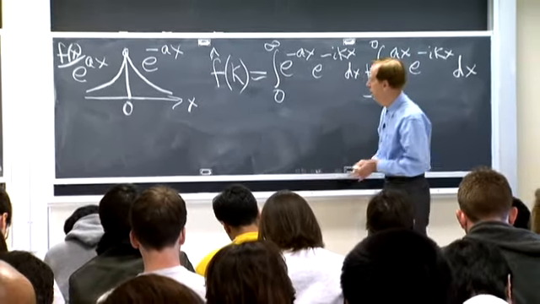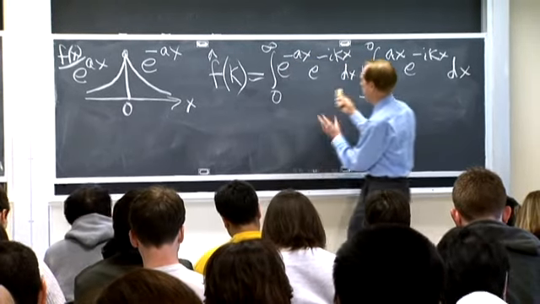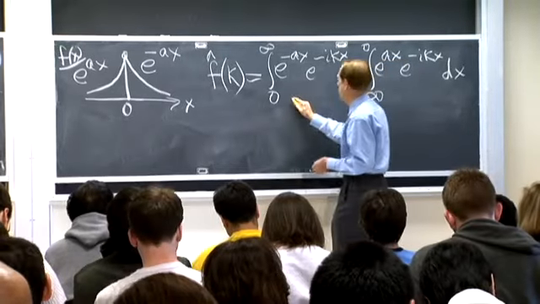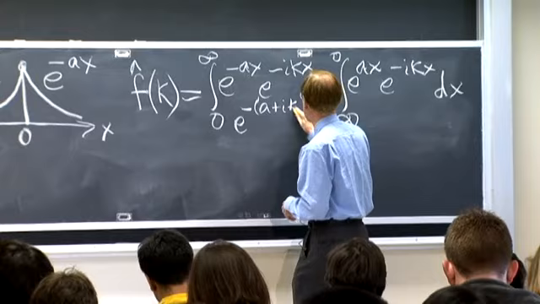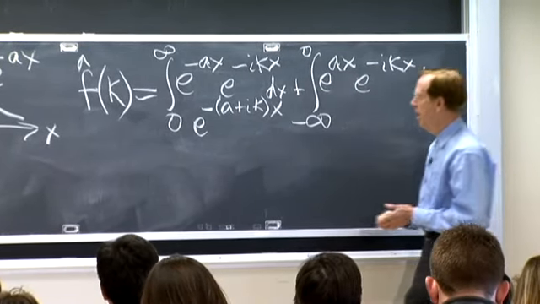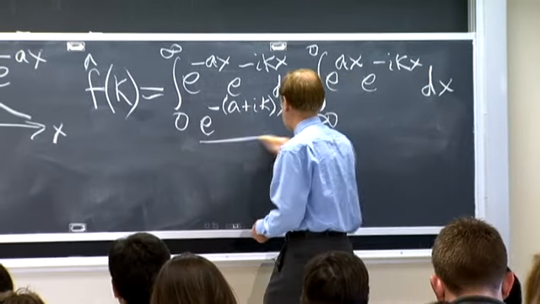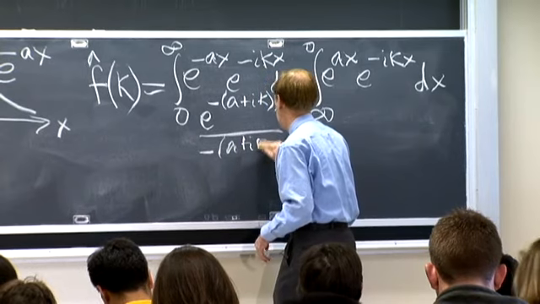I'll just remind you what we did. We wrote that as e to the minus a plus ik times x. That was clear. And then when we integrated, we got that same function divided by minus a plus ik.